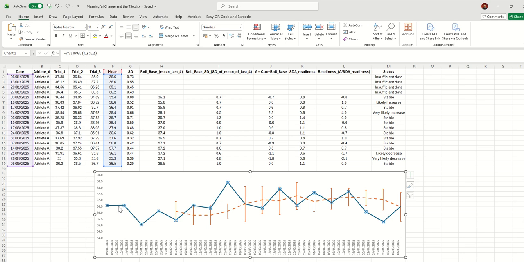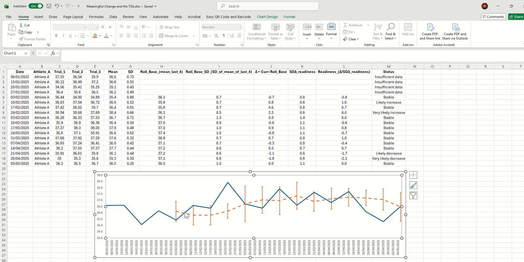You can see this blue line here is just us plotting as a line graph the average jump score every single week. Now, what we want to know is, does that deviate from our normal? Normal is going to be determined through a rolling baseline.